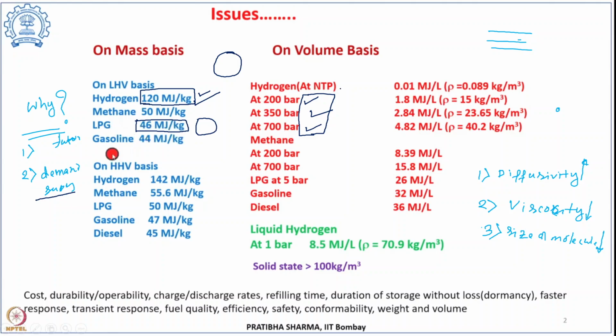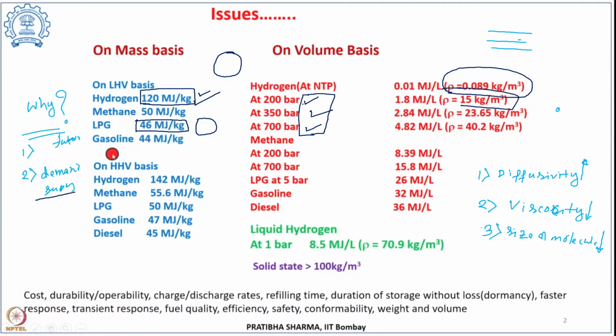Just you can see some numerical values of hydrogen. Hydrogen has a very small density at normal temperature and pressure, I mean atmospheric conditions. The density is very less. When we compress the hydrogen, the density will be high. Suppose at 200 bar, the density is 15 kg per meter cube.